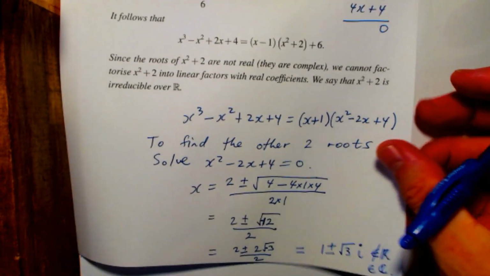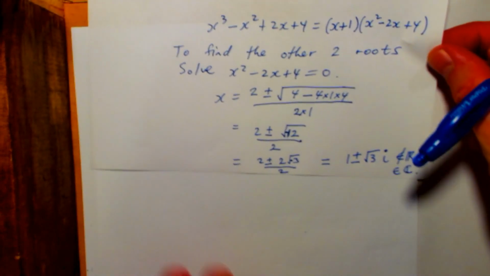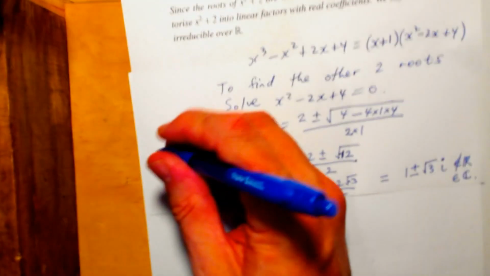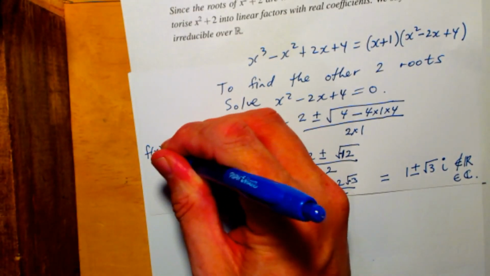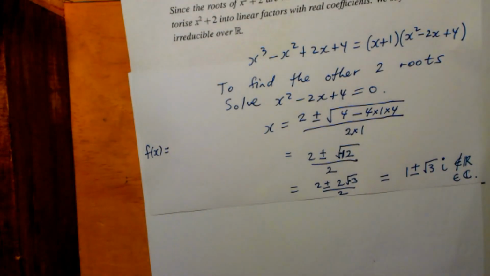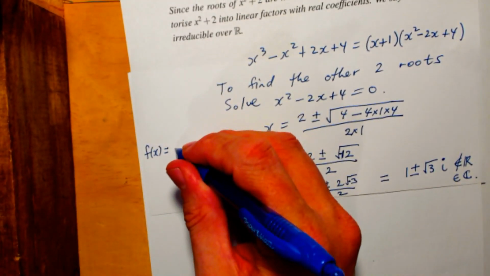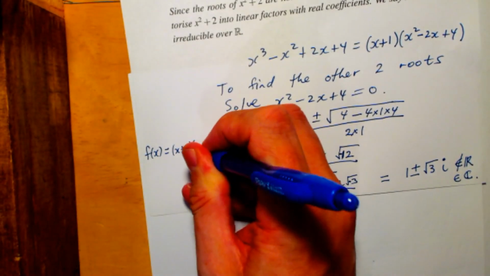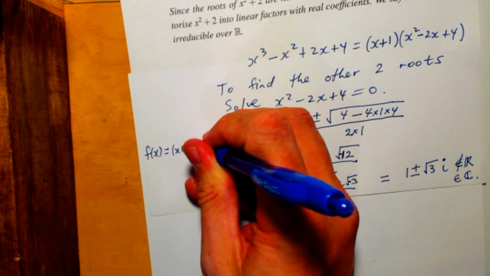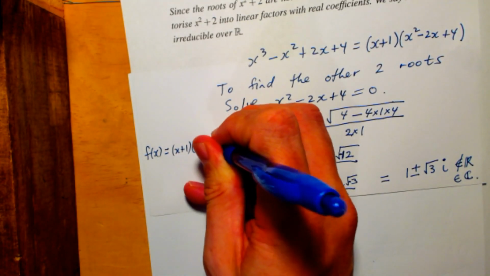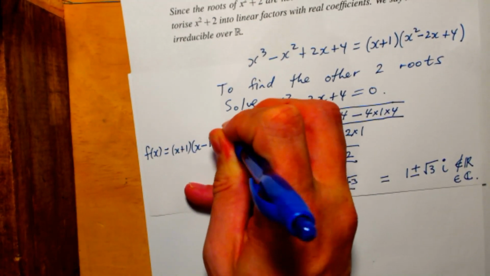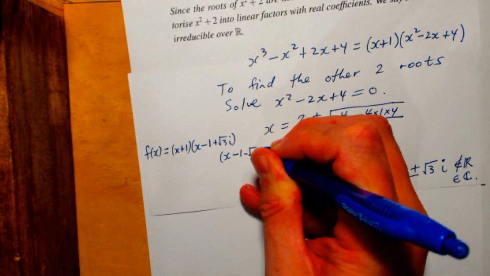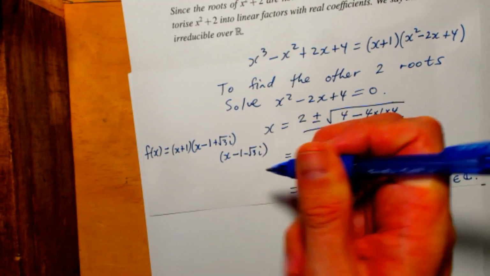So given that, let's write our three factors given by the fundamental theorem of algebra. So f of x is equal to x plus 1, x minus 1 plus root 3i, times x minus 1 minus root 3i.